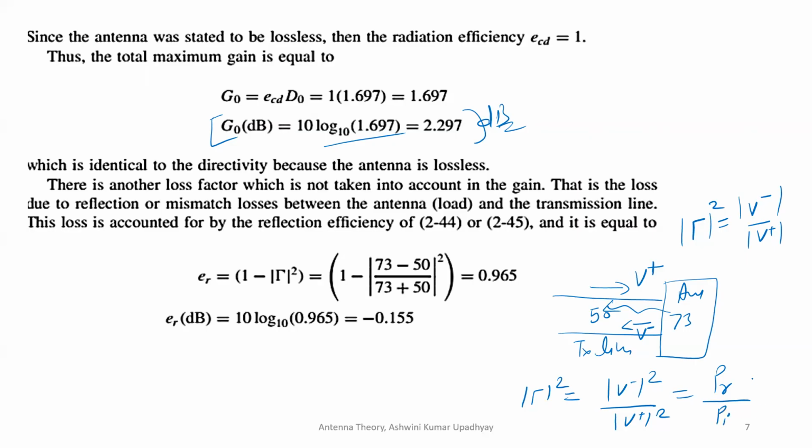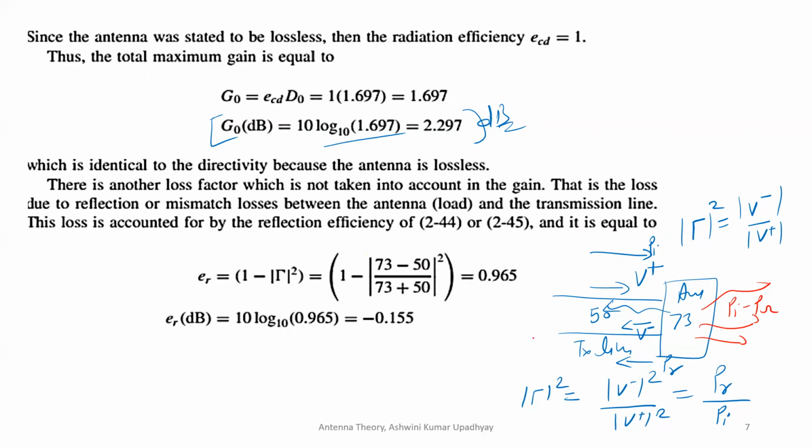So we can say that the total power incident at any particular time is Pi, and the total power that is reflected is going to be PR. So what is the amount of power that goes into the antenna and radiates outside, or what is the actual power being transmitted by the antenna in the form of radiation? It will be Pi minus PR.